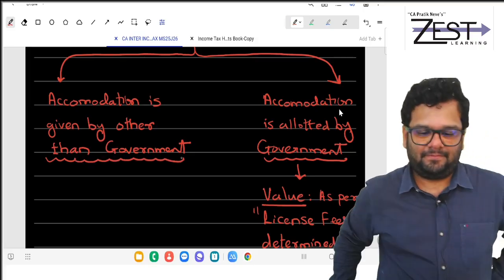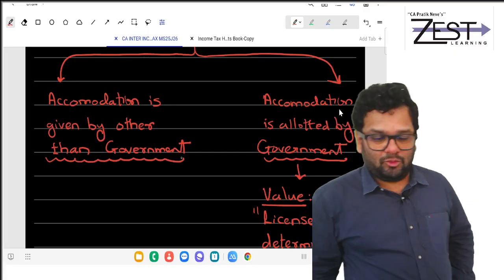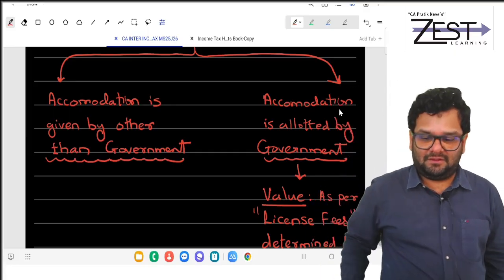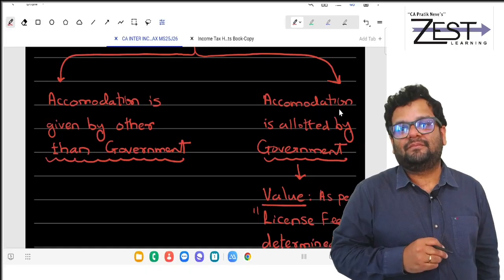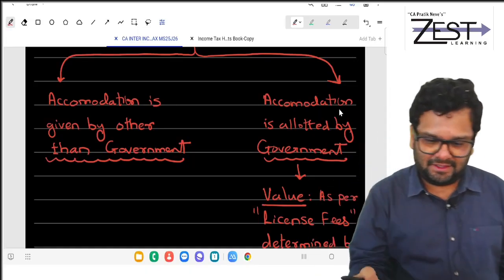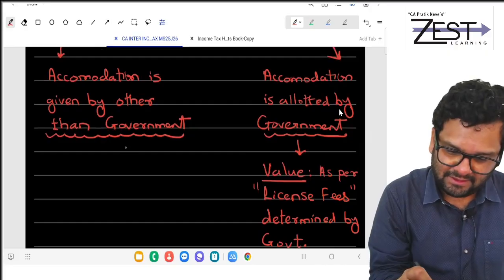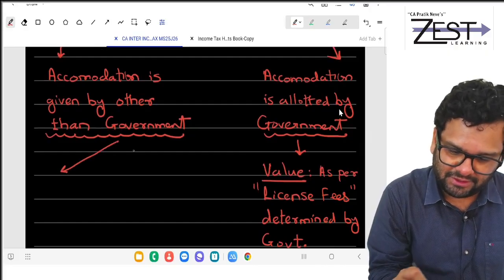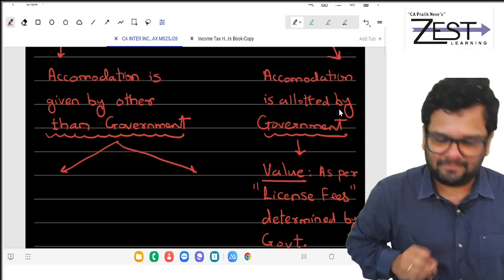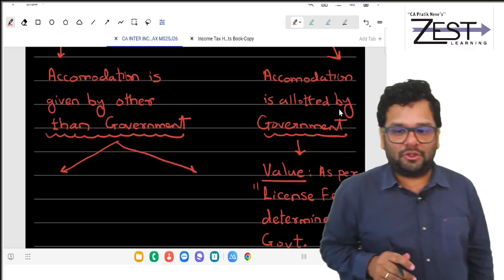Accommodation is given by other than government. In this, understand, there are two possibilities. Sir, what two possibilities?